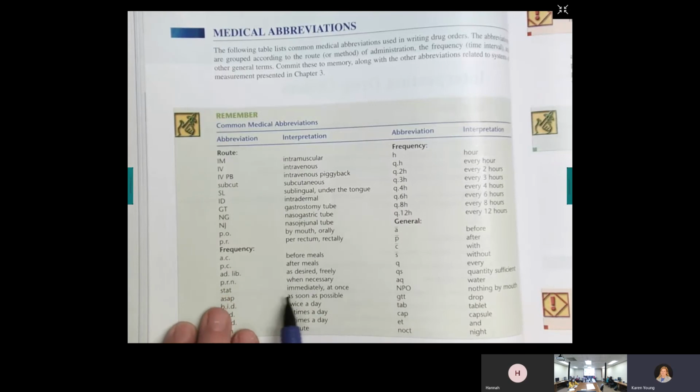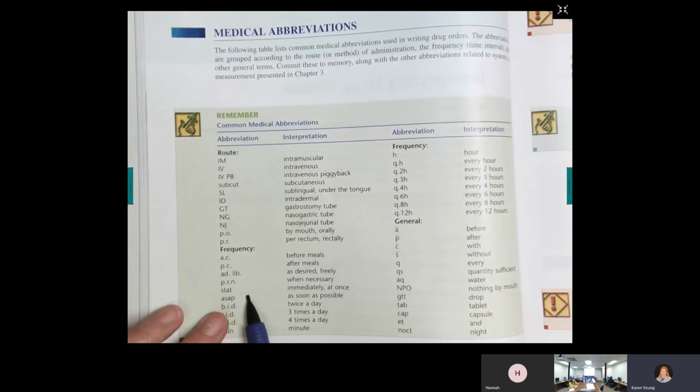Stat is immediately, at once. ASAP is as soon as possible. There's a difference here between ASAP, but stat could mean somebody's life or death. If you got to give them the nitroglycerin stat or something else, you do it immediately, as soon as you can, as soon as physically possible.